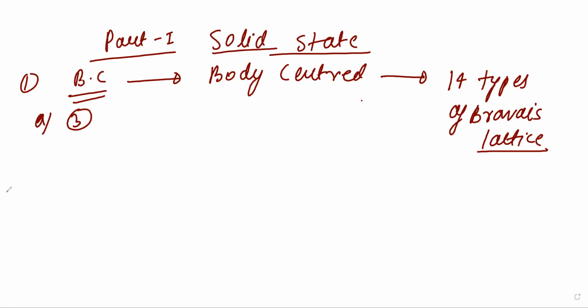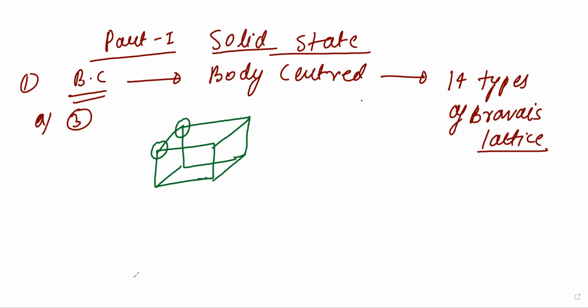So in the body centered unit cell, atoms are arranged at the corners and body center. How will it look? This is your smallest crystal unit cell. Normally atoms are present at the corners, so total 8 corners means 8 atoms should be placed.